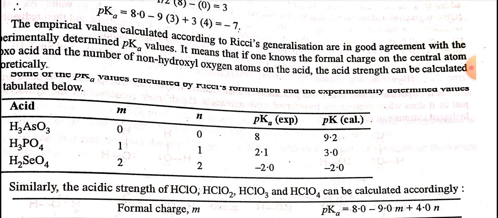It means that if one knows the formal charge on the central atom in an oxoacid and the number of non-hydroxyl oxygen atoms on the acid, the acidic strength can be calculated theoretically. Some of the pKa values calculated by Ricci's formulation and the experimentally determined values are tabulated below. Similarly, the acidic strength of HClO, HClO2, HClO3 and HClO4 can be calculated accordingly. You can see this table.